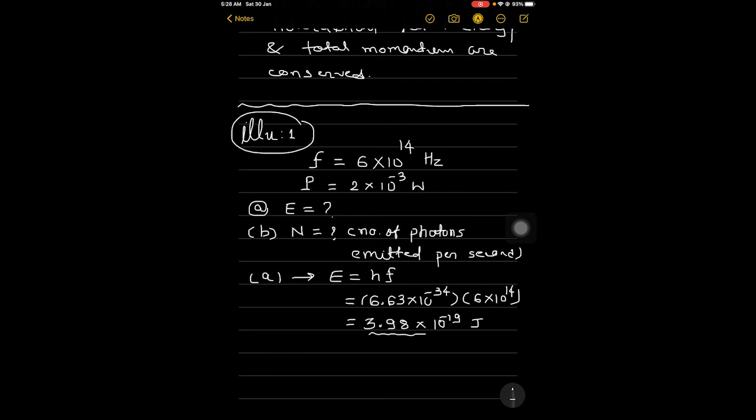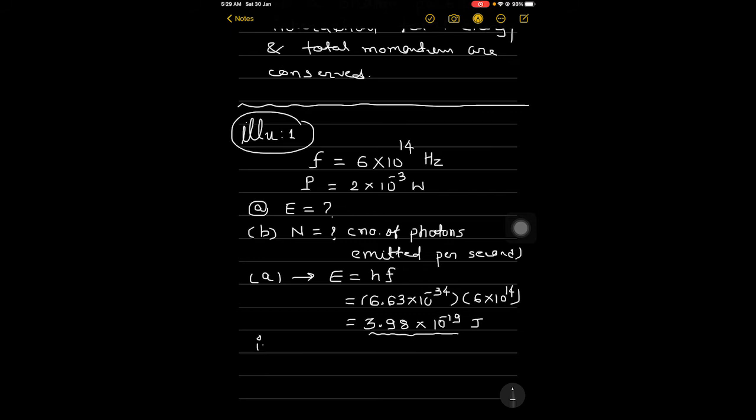Now we can convert this into electron volt as well. To convert it into electron volt, we divide by 1.6 into 10 raised to minus 19 joule.